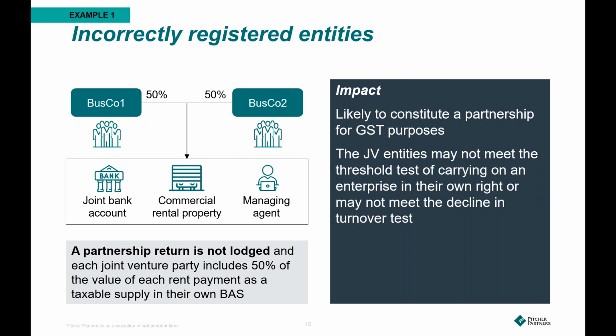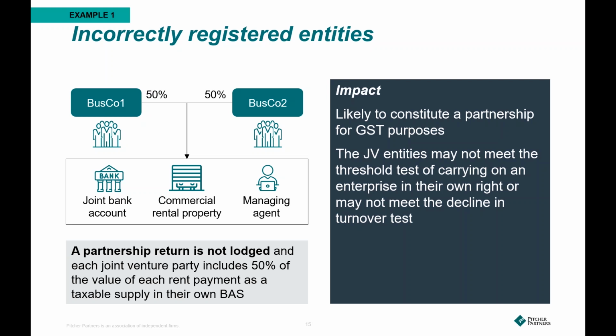business activity statement. Now, obviously, you would need to examine the detail of this before making a decision, but it's reasonably likely that that type of structure is likely to constitute a partnership for tax and GST purposes, which means that if that is the case, those entities should have registered a partnership entity and have been incorrectly reporting the relevant supplies and acquisitions in their own business activity statements as opposed to a partnership registration.